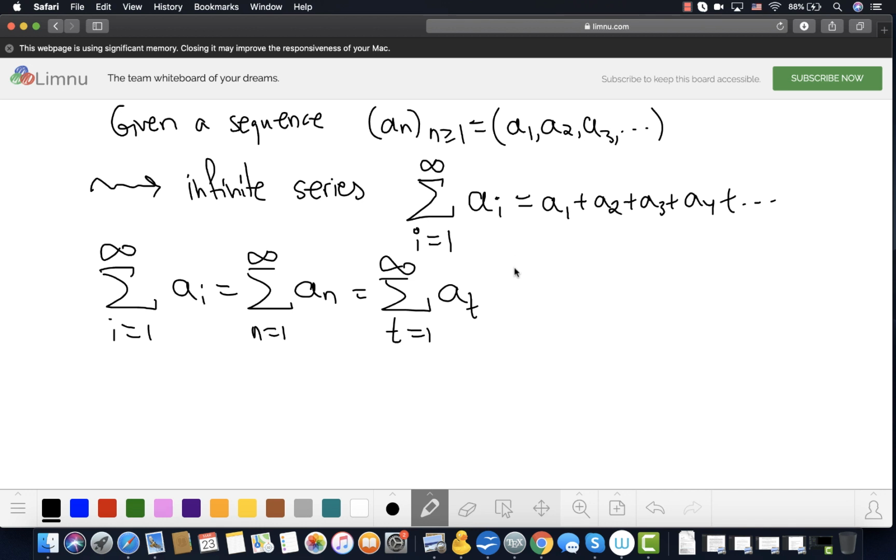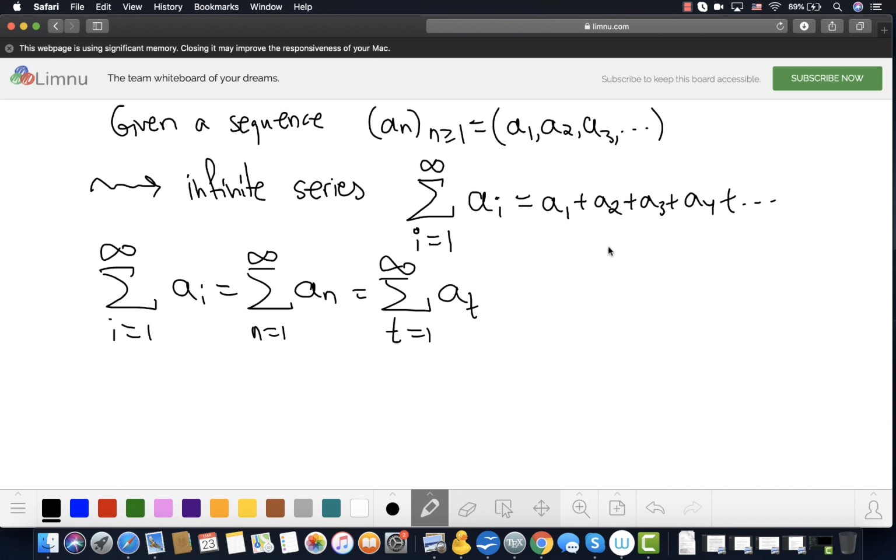Of course, two fundamental questions arise. First of all, what does this mean? Can we really add infinitely many numbers? That's the first question, right? I mean, I just wrote down symbolically some a1, a2, a3, a4, and these dots seem to suggest that I'm adding all the numbers. But what does this actually mean?